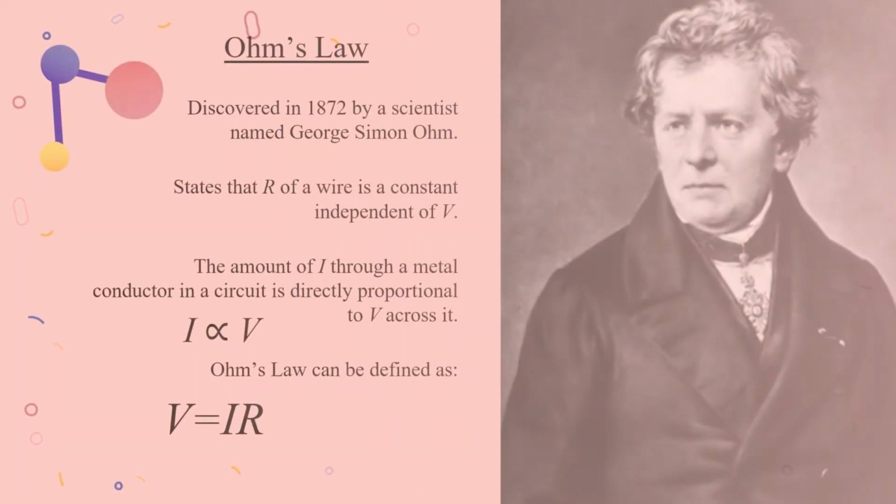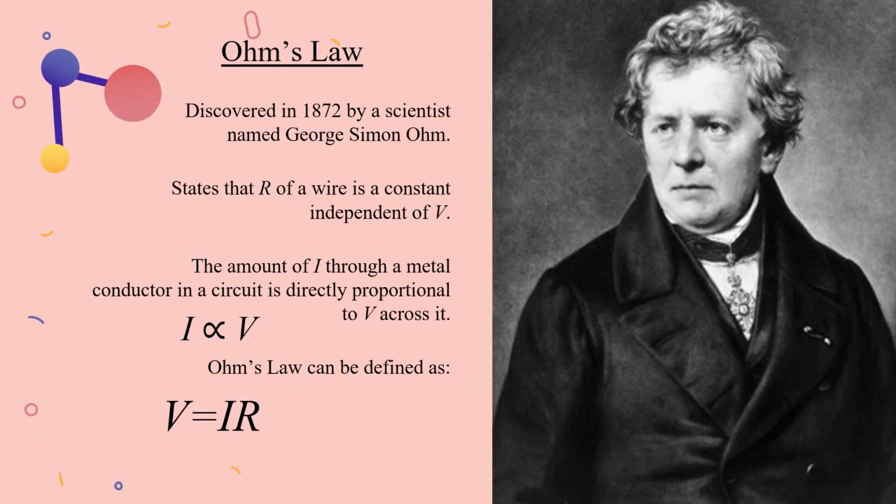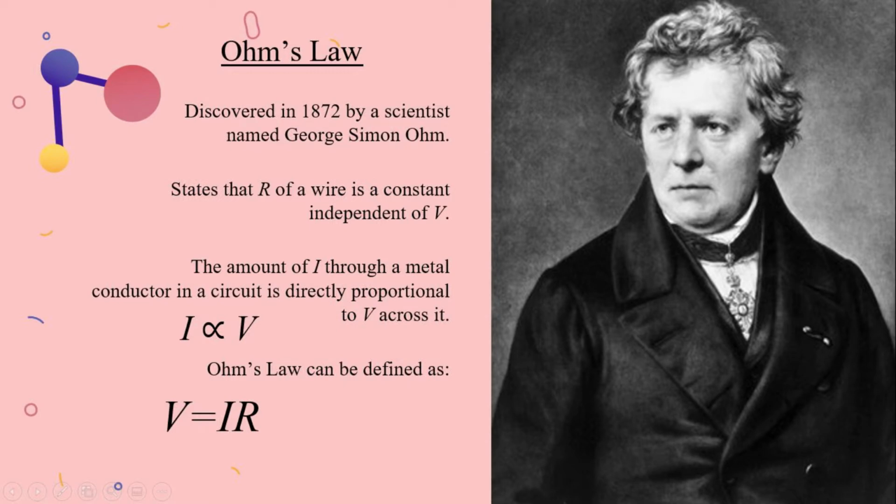Moving on to the theory, Ohm's law was discovered in 1827 by a scientist named Georg Simon Ohm. He stated that the resistance of a wire is a constant independent of voltage. Thus, the electric current through a metal conductor in a circuit is directly proportional to the voltage across it.